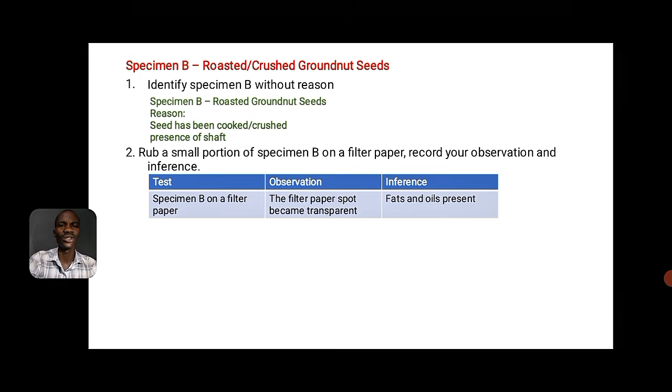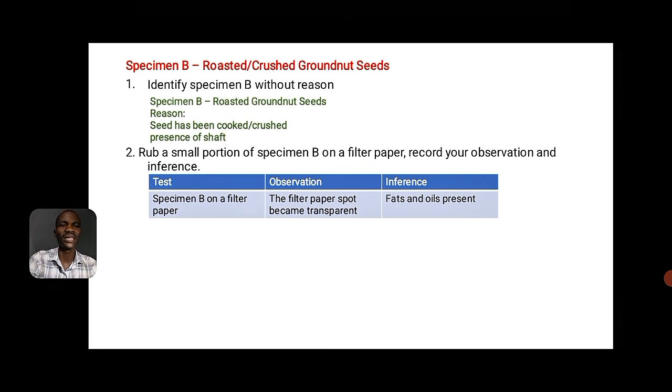So you are going to write specimen B. You are not going to mention it, and you can also mention it. WAEC will not penalize you for that. So specimen B, or depending on what you are given. I would rather go with specimen B on filter paper. So what will be your observation? The filter paper spot became transparent under light.